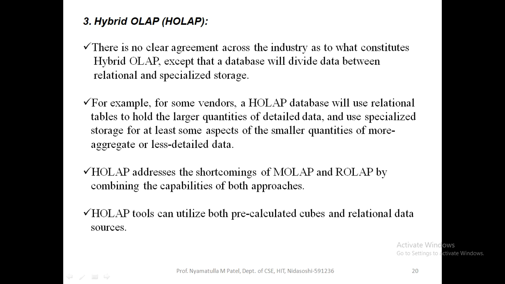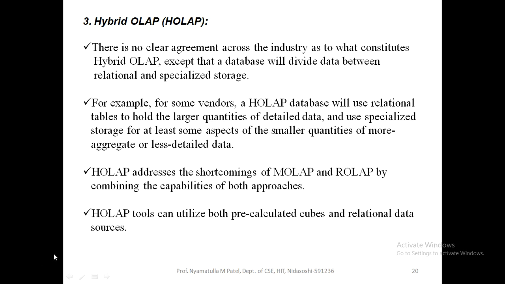HOLAP addresses the shortcomings of both MOLAP and ROLAP by combining the capabilities of both approaches. Now, it has the capabilities of MOLAP, and it also has the capabilities of ROLAP.